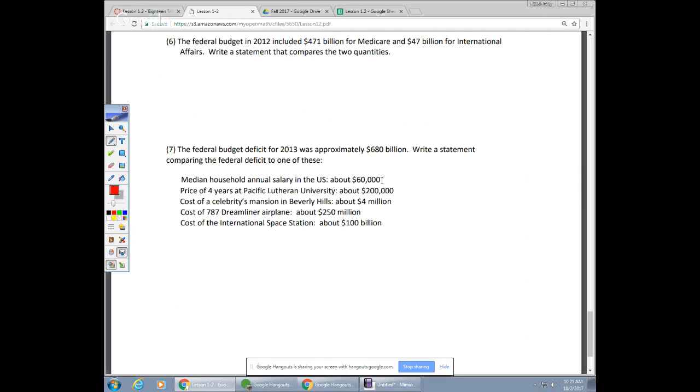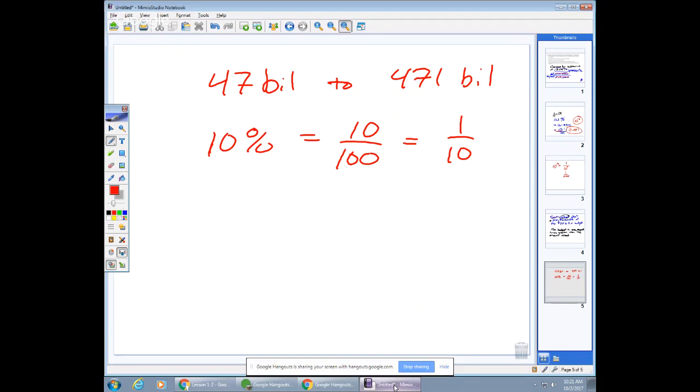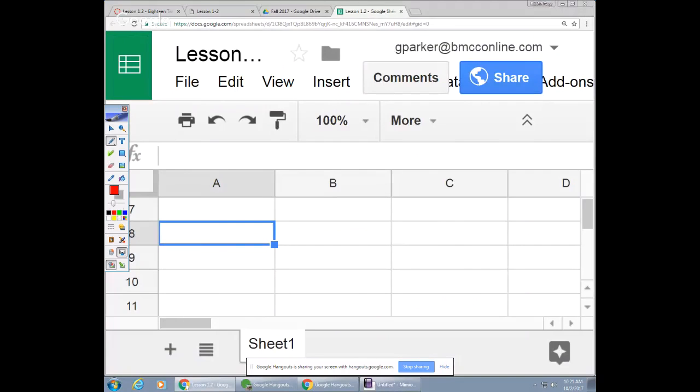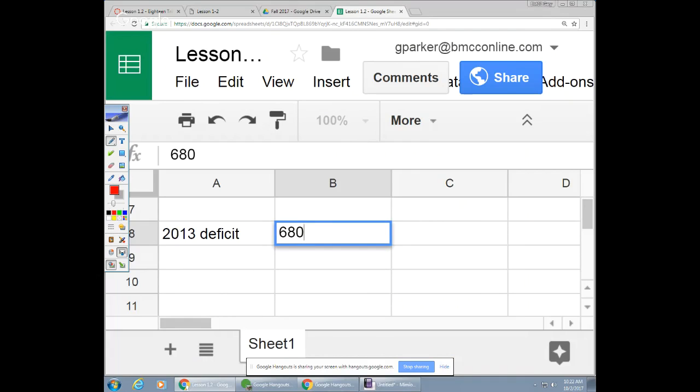So I could plug that into my calculator. If I want to do the billion comparison, I have to plug the big number in first. So we have 2013 deficits of 680 billion: 680, then 1, 2, 3, 1, 2, 3, 1, 2, 3.